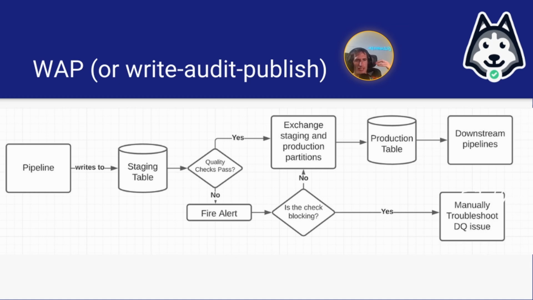If you follow the path here, it says, did the quality checks pass? No. Okay, then you fire the alert because there's something weird with the data. And then we ask, is the check blocking? No. If it's not blocking, then we publish anyways. But if it is blocking, then we stop the pipeline and we manually troubleshoot.